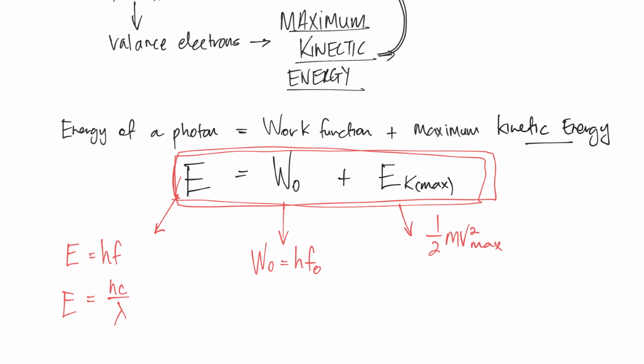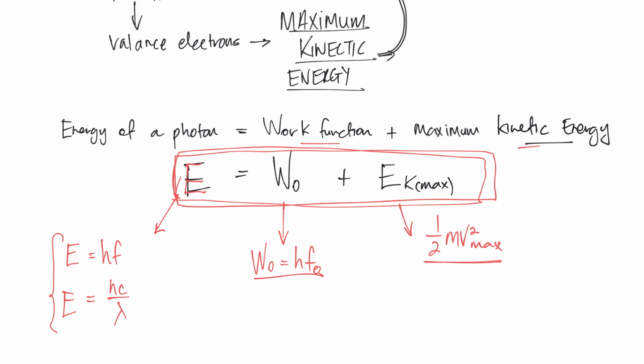Let's say they're asking for the energy of a photon, and they're giving you the work function, and maximum EK, and some other bit of information. You're allowed to use any of these formulas in place of E, this formula in place of the work function, and this formula for EK.